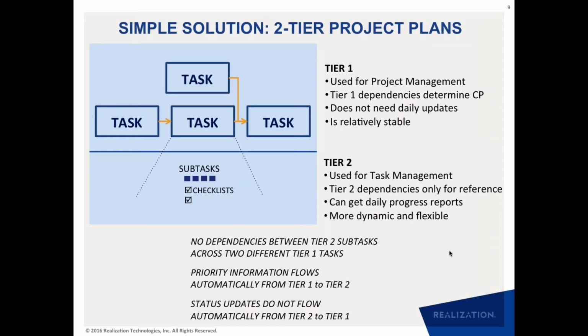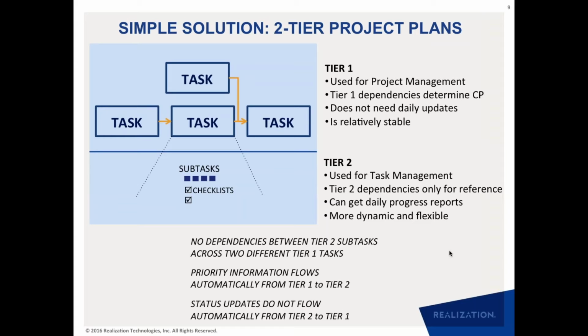The second use of these tiers is that based on the critical path, you can determine what is the priority for tier one tasks, and that priority information can flow automatically from the task to the subtasks. But the status updates do not flow automatically from tier two to tier one.